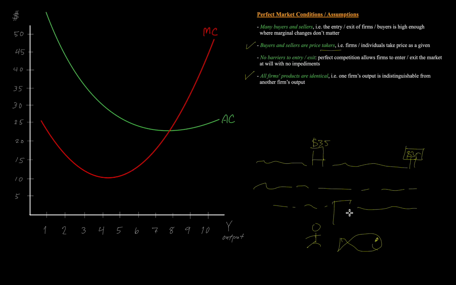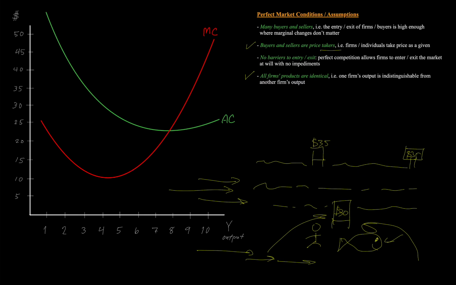I'm going to set up my vendor over here for the fish that I'm selling, and I'm going to charge $30. So I might be getting more business coming in, but now to keep up with that demand I'm going to have to produce more output. But in this particular market of selling fish, there's only a certain point where I can keep shelling out the costs to increase my output by another 1 unit, 10 units, however many, before I start crossing this intersection.